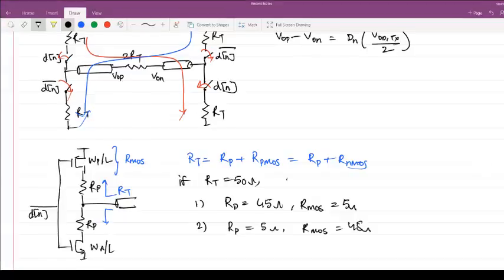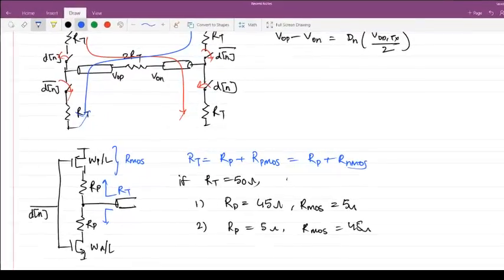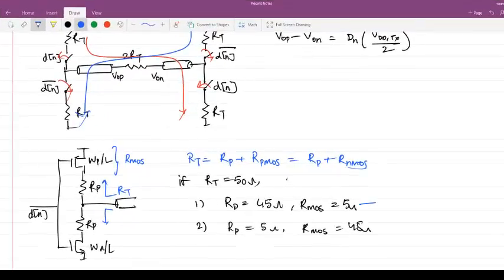Yeah, so let's say in this case, you have RMOS variation lesser, right? Because you are having such a large size, small resistance, RMOS variation is lesser, but parasitic caps are a lot.